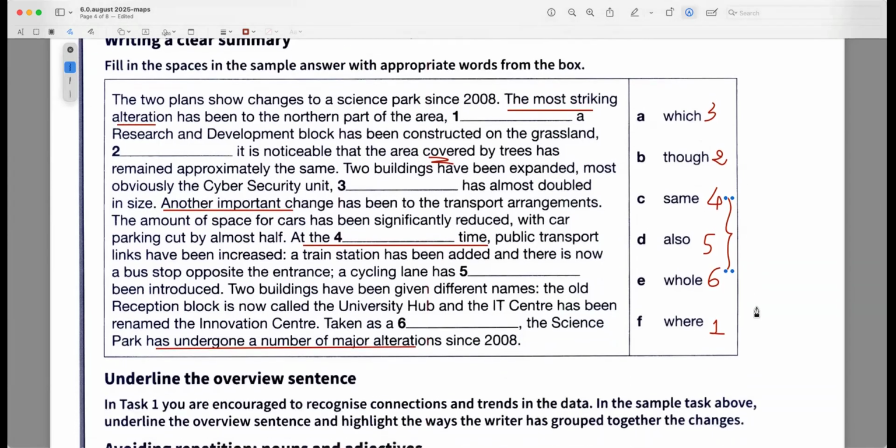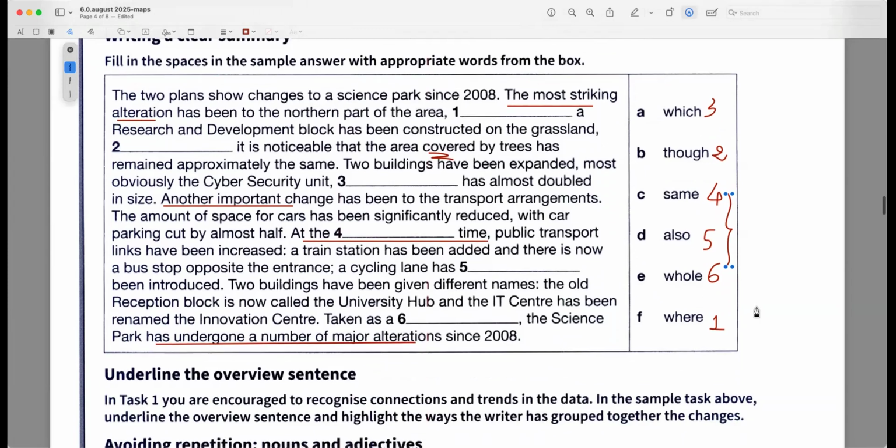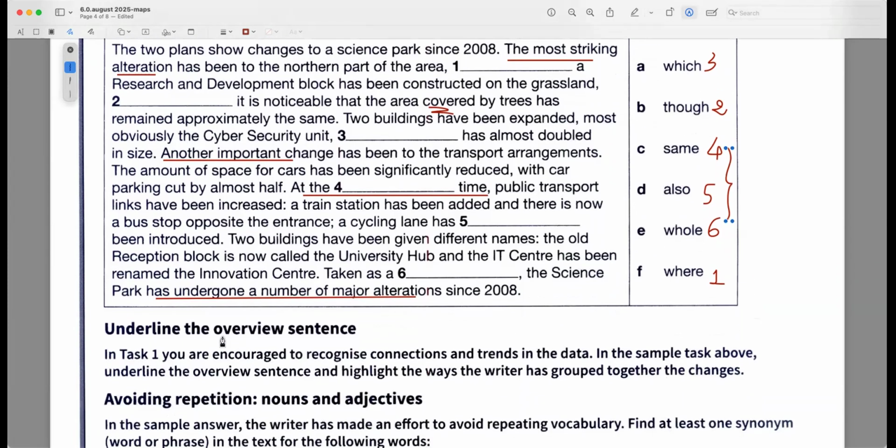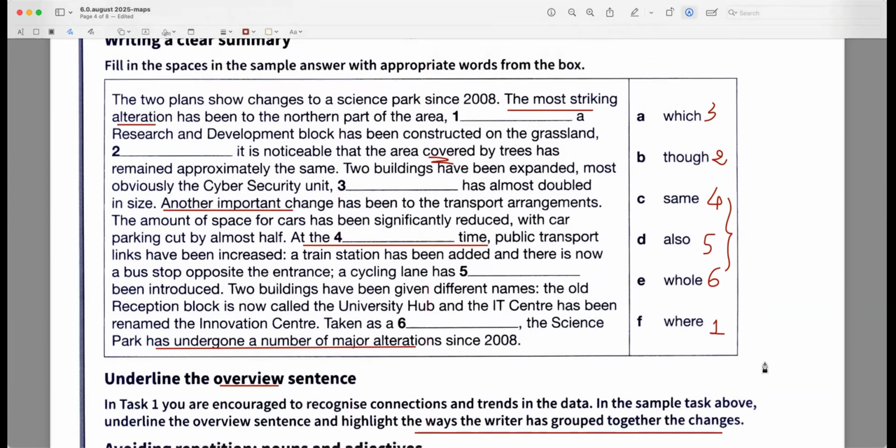Okay, after we fill in the gaps, now please read it again and try to find the overview. Try to find the overview and also try to find the ways the writer has grouped together the changes. Okay, did you find out the overview sentence yet?